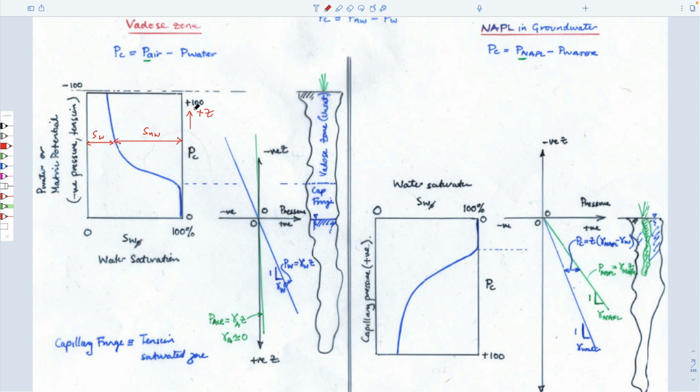We can scale capillary pressure with elevation, because we know that the capillary pressures are really just the elevation of the unit weight of air minus the elevation of the unit weight of water. Would be another way to write this expression, right? Take the z's outside. And so it scales with this.